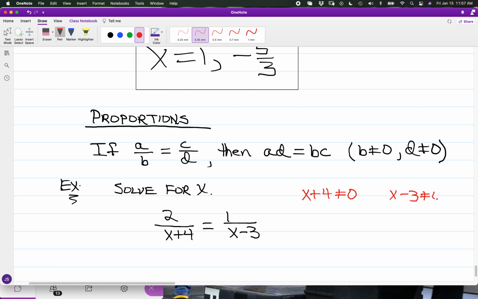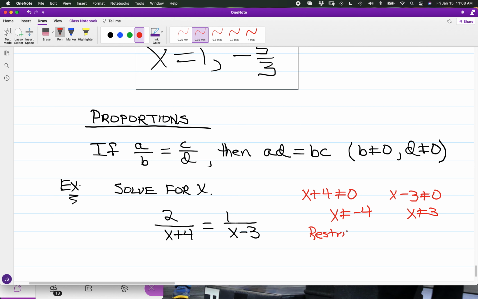So if x plus 4 cannot be 0, x cannot be negative 4. And if x minus 3 cannot be 0, x cannot be 3.